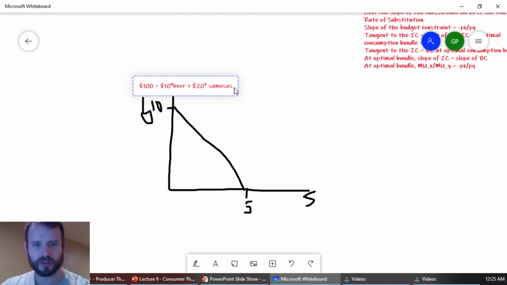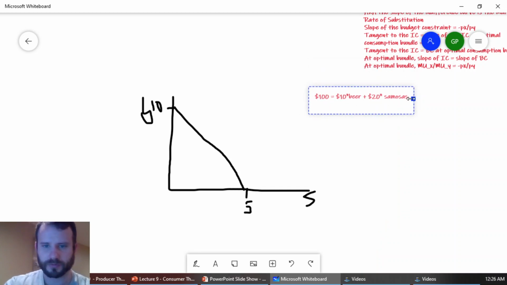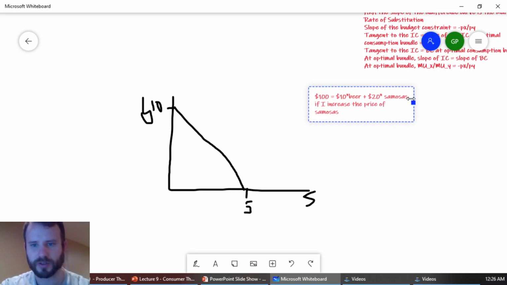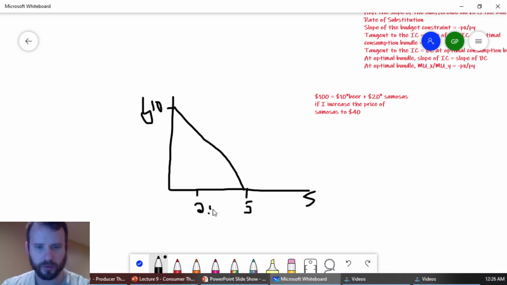If I increased the price of samosas to $40, what happens? The x-intercept becomes 2.5, and the y-intercept stays the same.